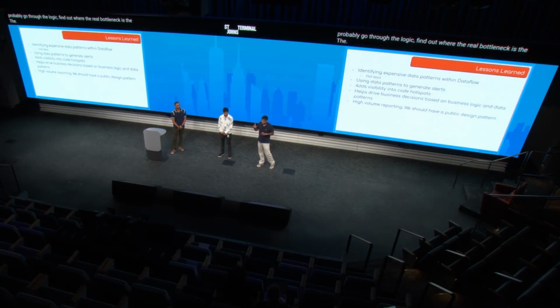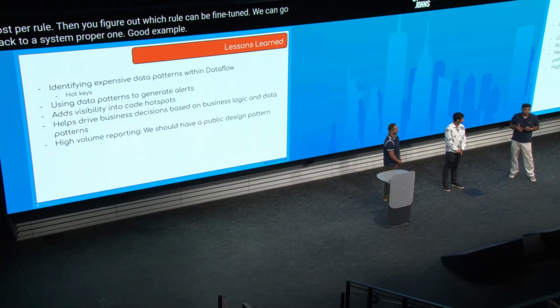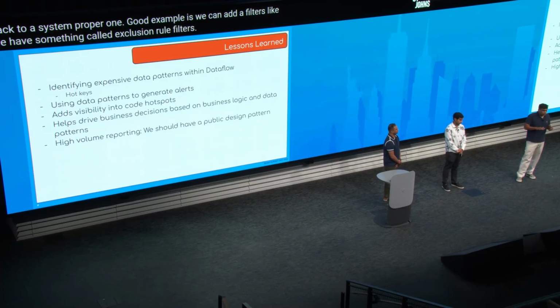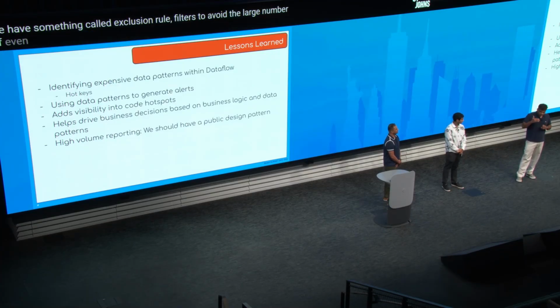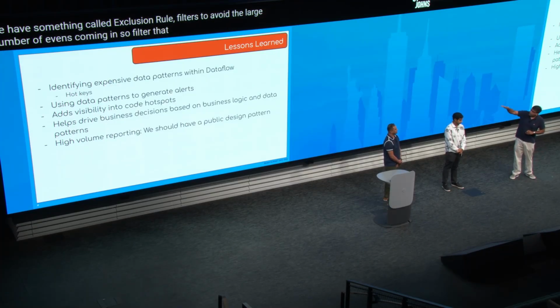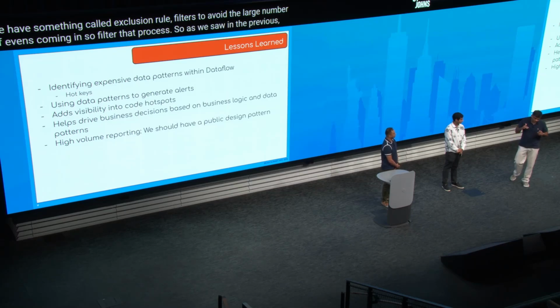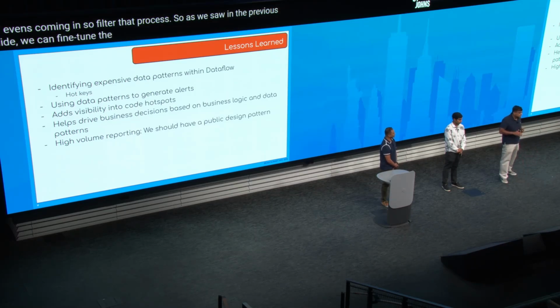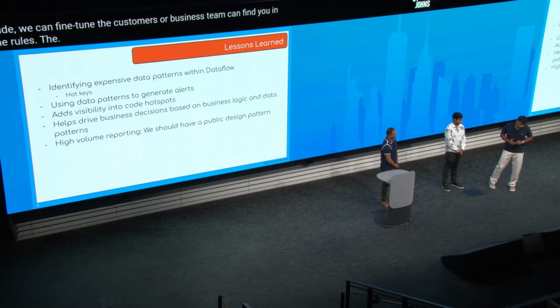The point where I was mentioning Looker, you actually have the actual cost per rule. Then you figure out which rule can be fine-tuned. We can go back to the system. Probably one good example is we can add filters. We have something called exclusion rule filters to avoid the large number of events coming in. So, as we saw in the previous slide, the customers or business team can fine-tune the rules.